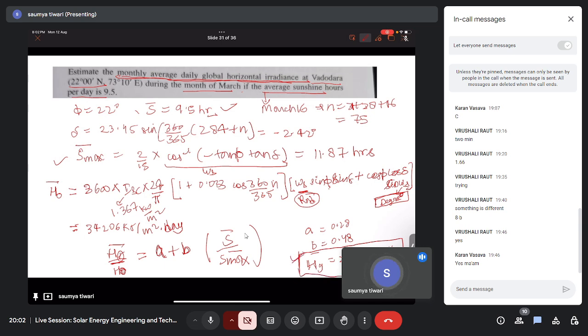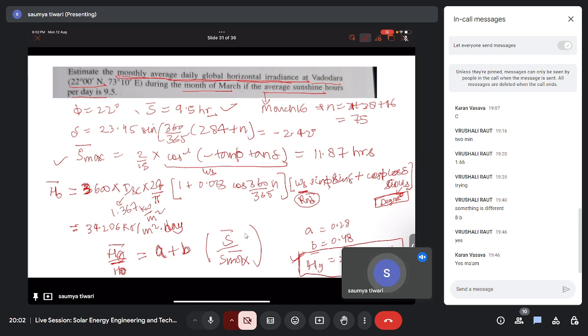So I hope this question is clear. I have explained how to approach the question, what the important formulas are that you need to remember, what the tricks are, and where to use radian and where to use degree.